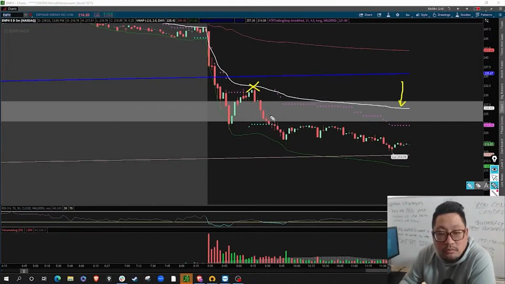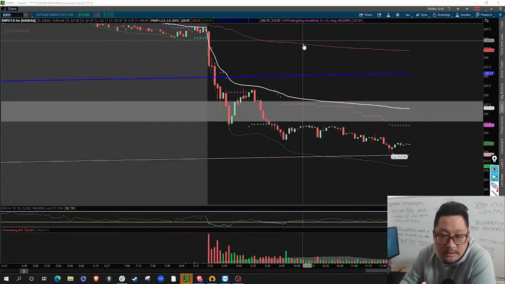Look at where it bounced from, and look at where it dropped back down to. Remember what we talked about with designated targets and why structure is important. Easy peasy lemon squeezy to the upside and the downside, predictable outcomes.